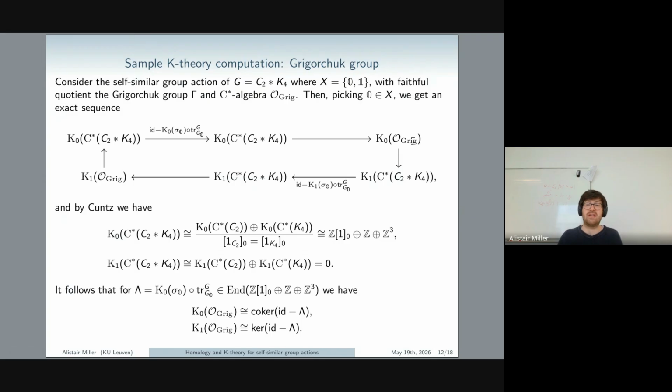So as an invariant of gamma, there's something slightly subtle here: the groupoid is an invariant of the self-similar action of gamma, viewing gamma as a group of automorphisms of the binary tree.